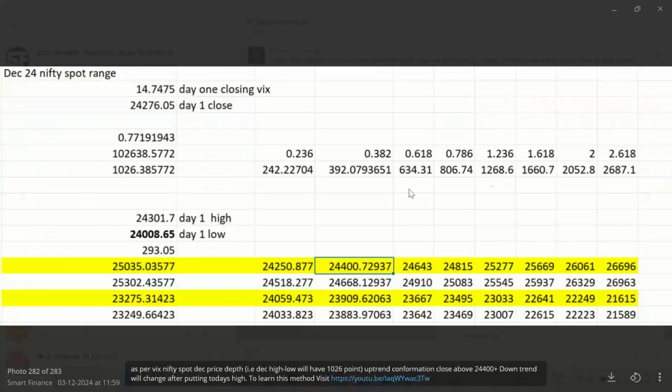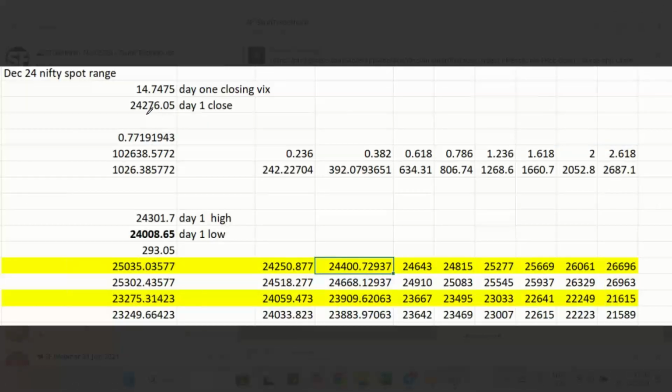So here, we did this on the first trading day of December. There, I told you the first day's Nifty spot closing was 24,276, and it made a low of 24,008. I told you that above 250 it will set the uptrend, and it will be confirmed based on the Fibonacci.